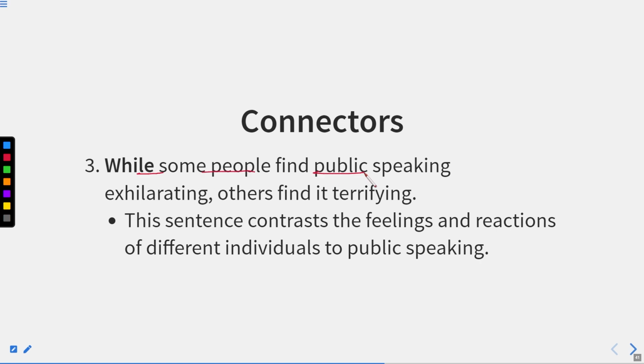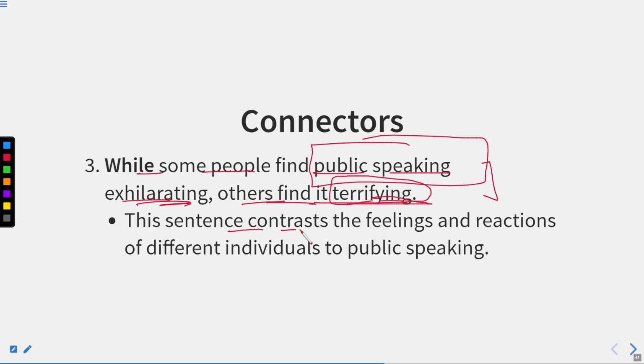While some people find public speaking exhilarating, others find it terrifying. So public speaking can be liked by some people, who find it exhilarating, while others find it terrifying. This sentence contrasts the feelings and reactions of different individuals to public speaking.